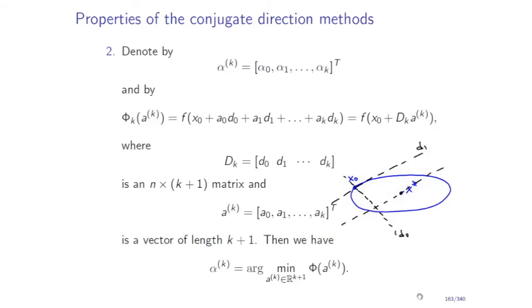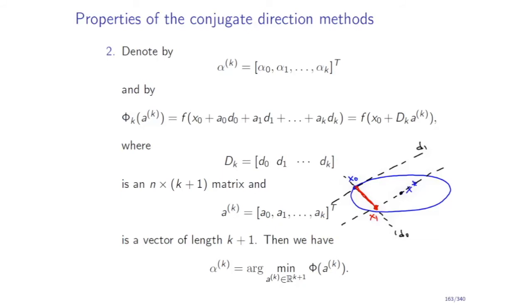All right, and then we can clearly see that if we select our alpha 0 in a way that our first step will take us from x0 to this point here, which is the point of intersection of d0 and d1 that is drawn so that it passes through x star, then this will be our x1.